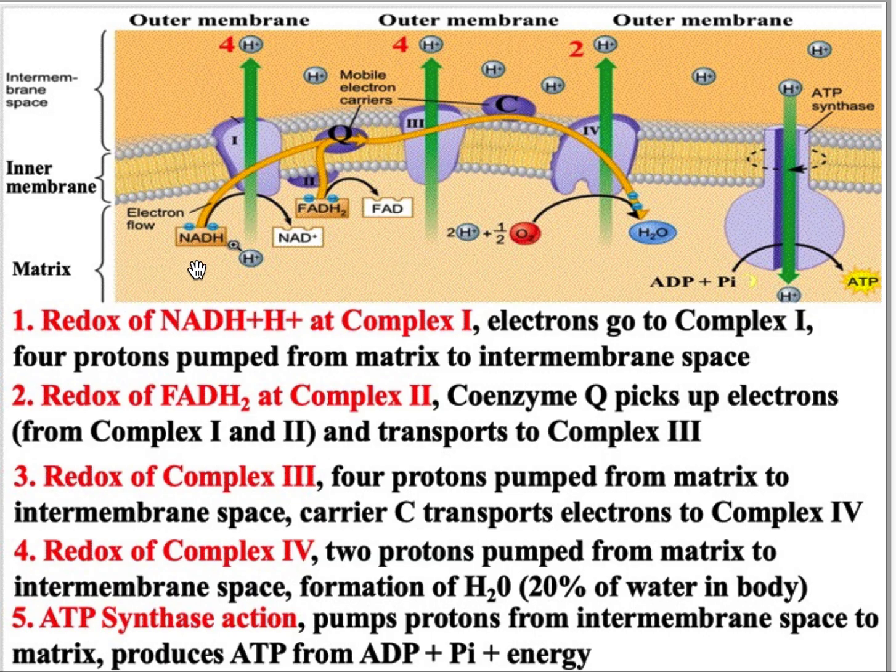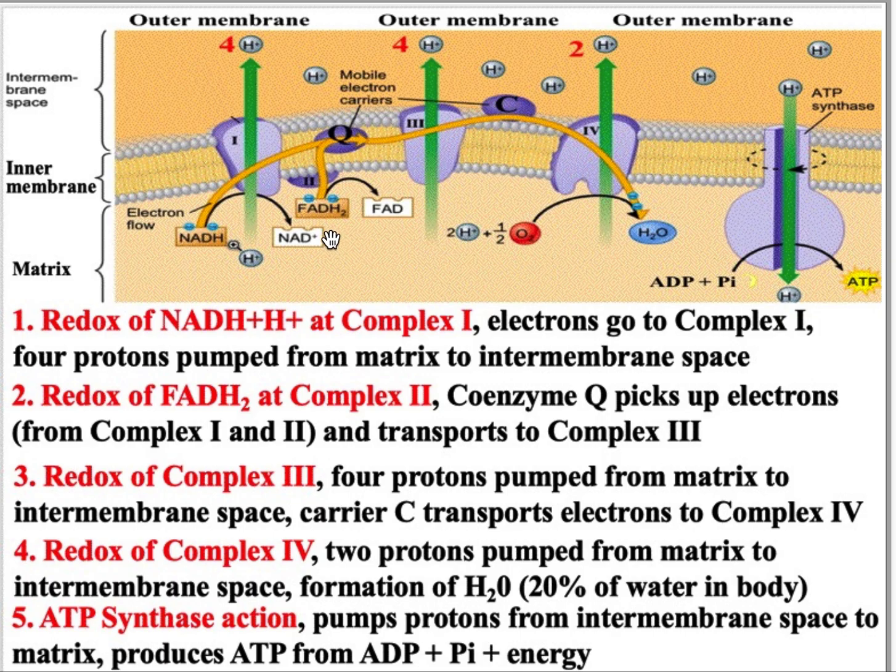The NADH produced from glycolysis or the TCA cycle contains energy, and NADH releases this energy to complex 1, and as a result, protons from the matrix will migrate to the intermembrane space.